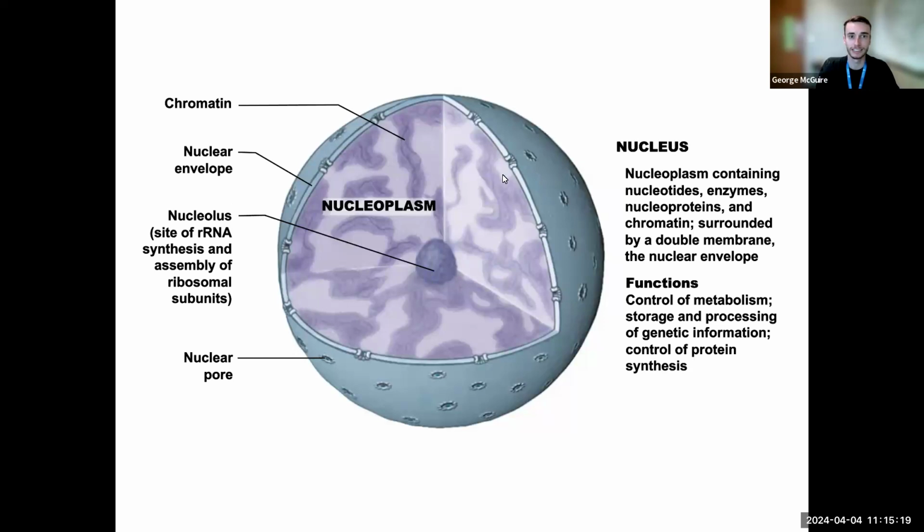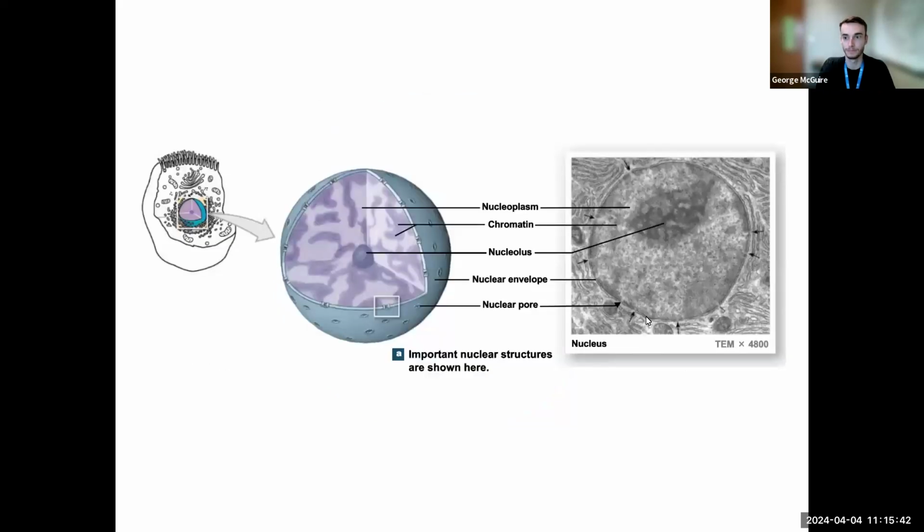It has specialized protein pores, channels called nuclear pores that are very, very selective about what can enter and leave. And then, of course, we have all of our genetic material, our DNA, which has been organized into chromatin, which can be further folded and protected into chromosomes. You can see all that depicted here.